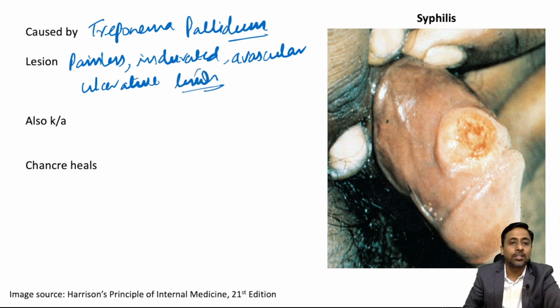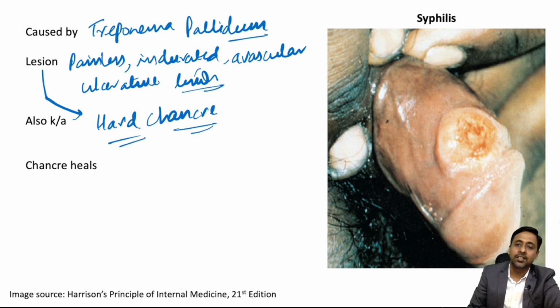And because of this induration this lesion is known as chancre, and is formed at the site of entry of the bacteria, and as it is indurated it is known as hard chancre. So hard chancre is syphilis, soft chancre is chancroid.